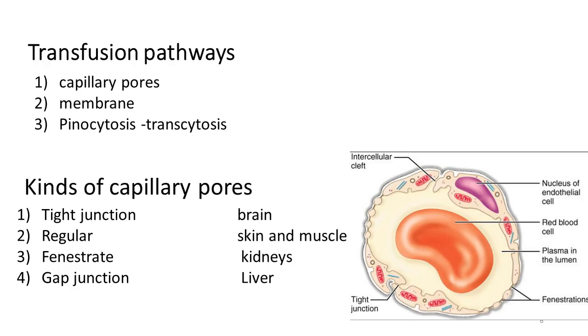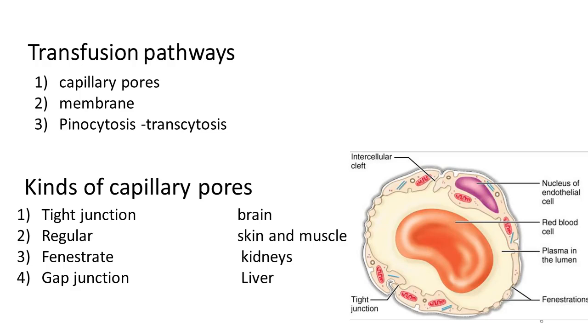For example, in the brain we have the blood-brain barrier, and this barrier is because of these tight junctions. As you can see in this figure, two endothelial cells are tightly bonded with each other with tight junctions, and the transfusion of gases and molecules is very restricted. Because of that, the delivery of some drugs to the brain is very hard.